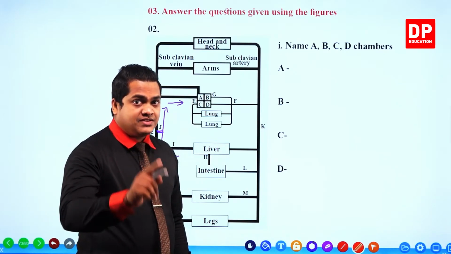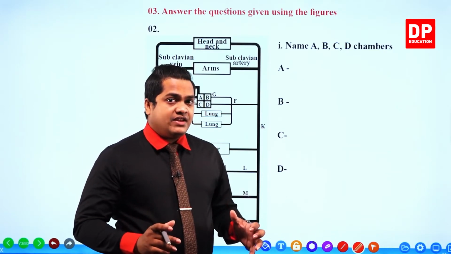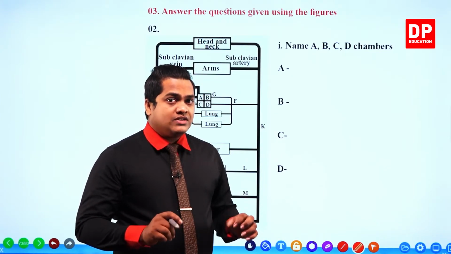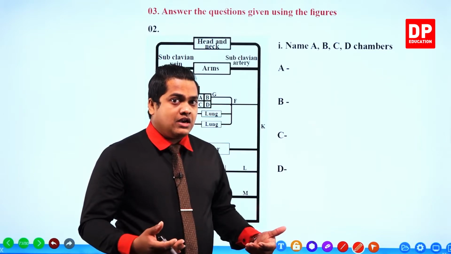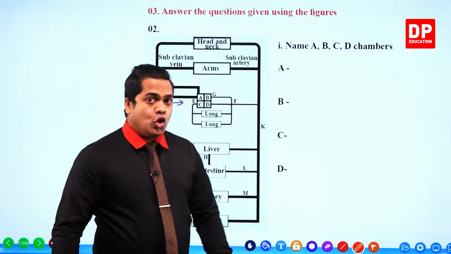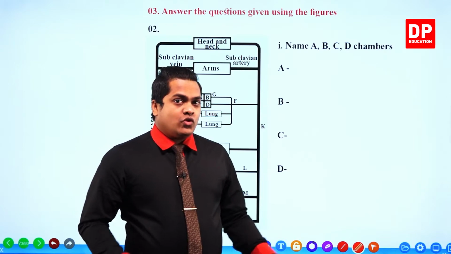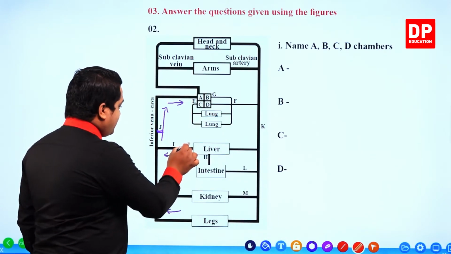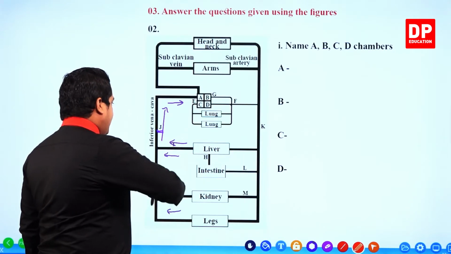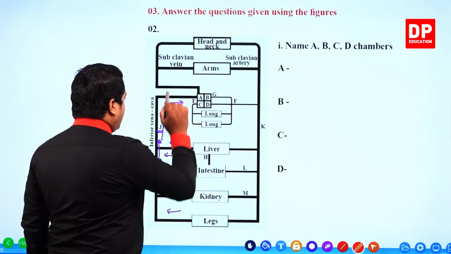Inferior vena cava transports blood towards the heart from the organs located below the heart level: kidney, legs, intestine, liver, all of these organs. All the blood coming from each of these organs is carried by the inferior vena cava towards the heart.